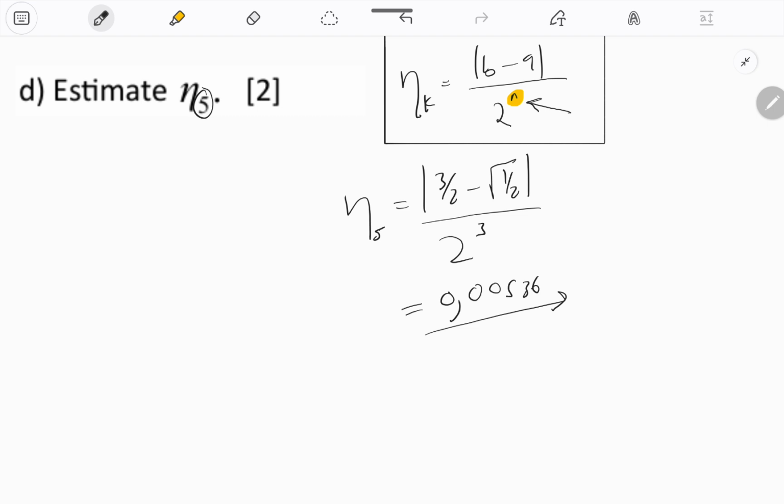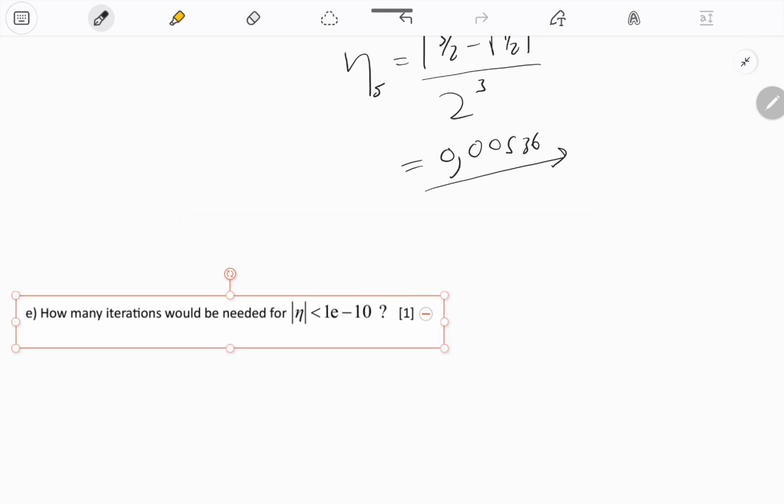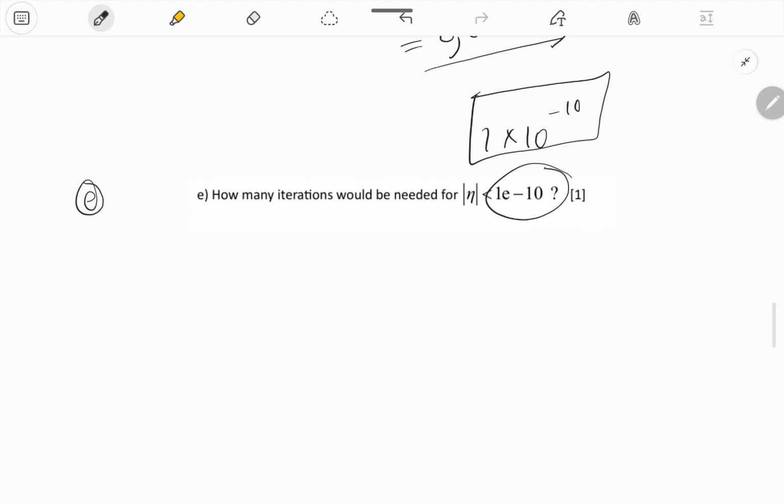Then let's look at E, what they wanted in E. Let me copy the question and paste it here. Also in E, it's a 1 mark question: how many iterations? This one is also a common mistake.